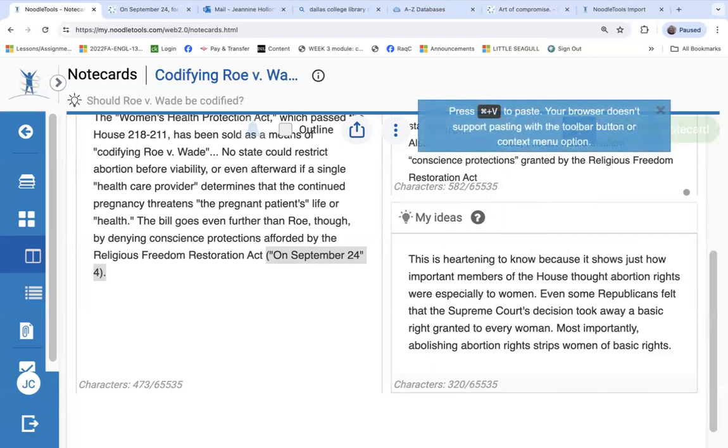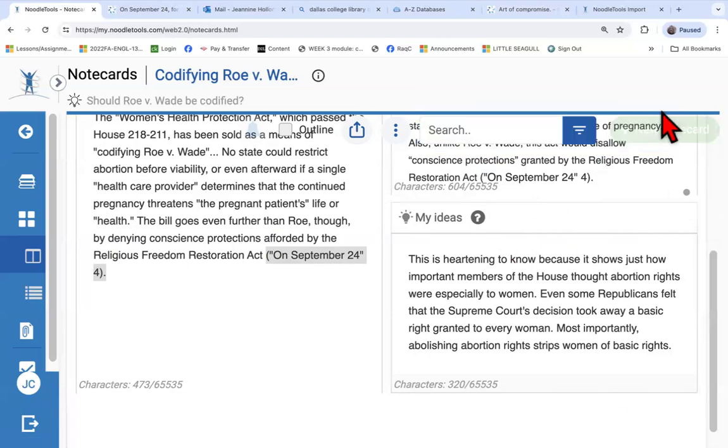Okay. All right. Now notice there is no period at the end of the sentence. There's a space, the first parenthesis, the title of the article in quotation marks, a space, a parenthesis, and then finally the period.